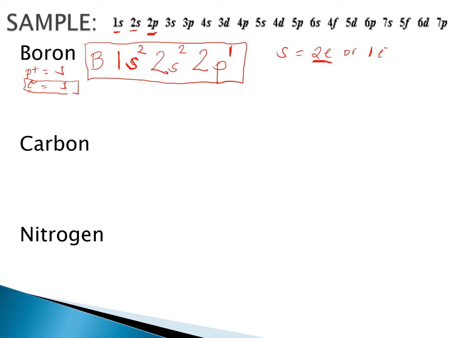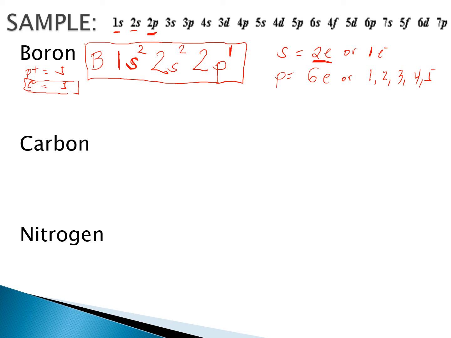Okay? So, for p, di ba, the maximum number is 6 electrons. So, ang electron niya, pwedeng maging 6, pero hindi siya pwedeng lumagpas sa 6, meaning hindi siya pwedeng maging 7, 8, 9, pero pwede siyang maging 1, 2, 3, 4, or 5. Yun po yung ibig sabihin natin doon. Kaya siya naging 2p1 dito for boron.